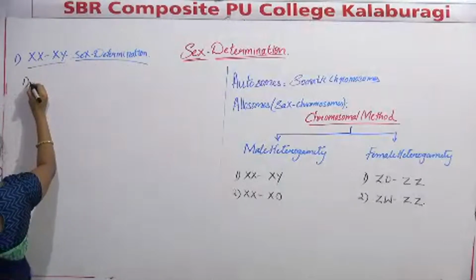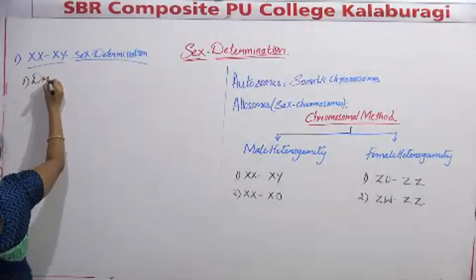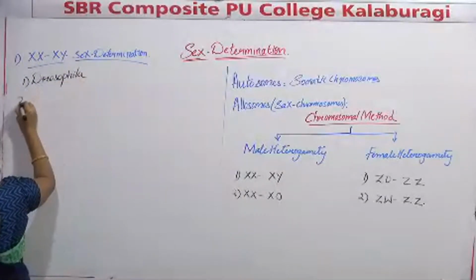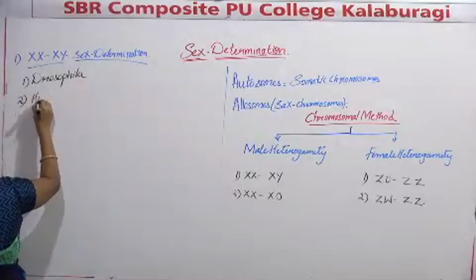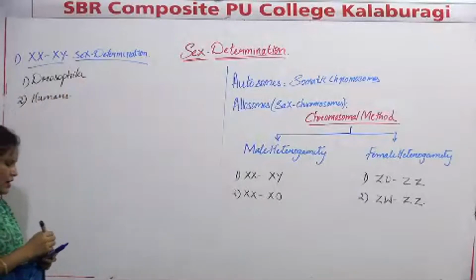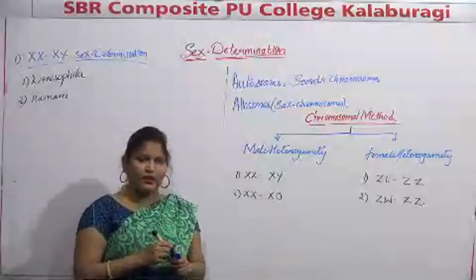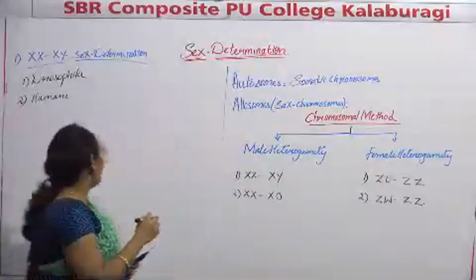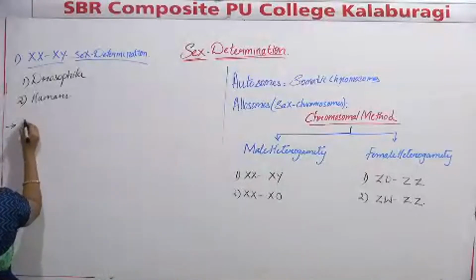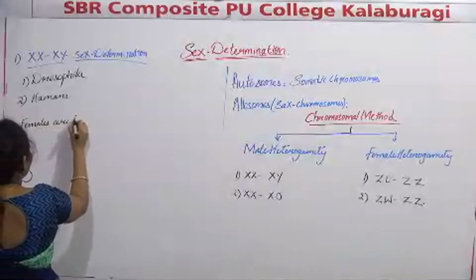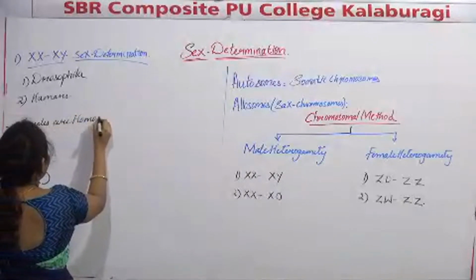It can be seen in Drosophila and even in humans. In this XX-XY method, females are homogametic.